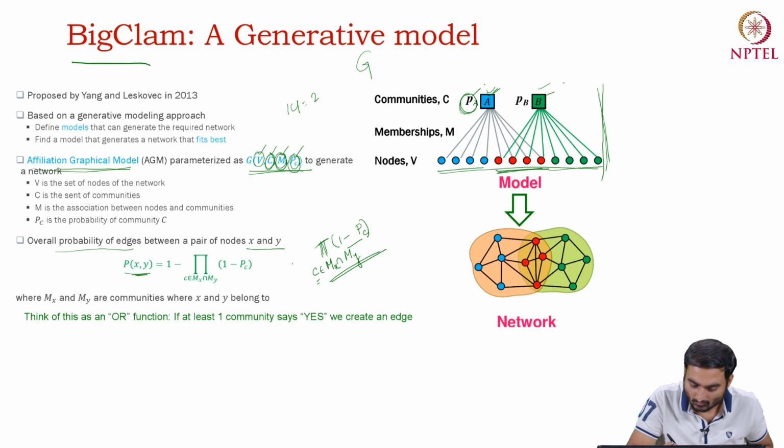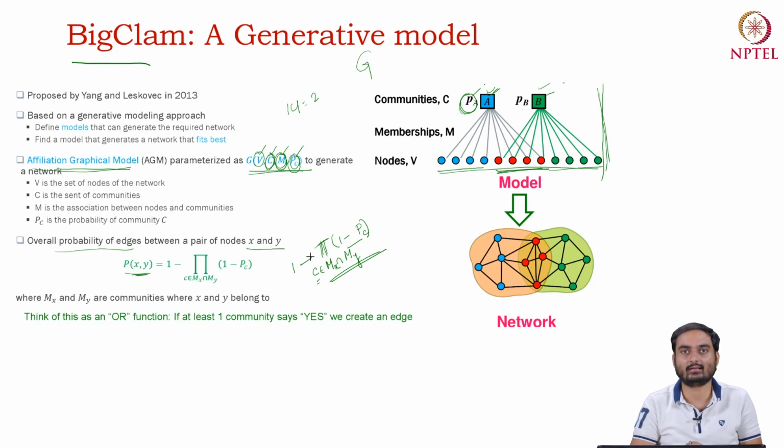1 minus this will tell you the probability that both these nodes are connected due to at least one common community. This is kind of an OR function, right? At least one. If both of them belong to at least one community, then they should be connected.